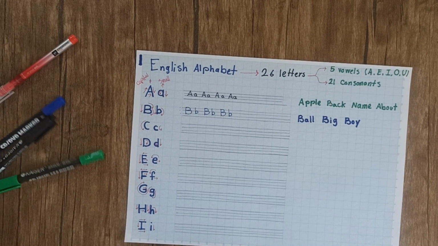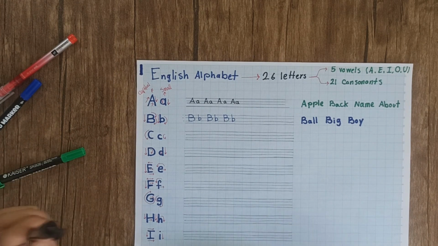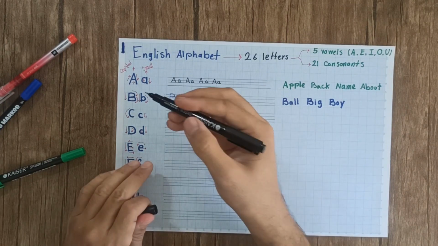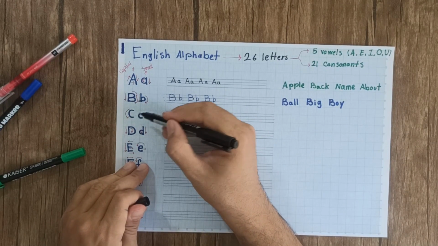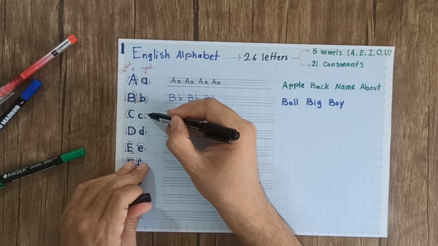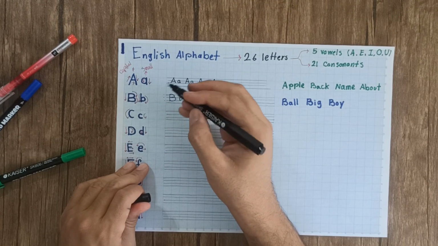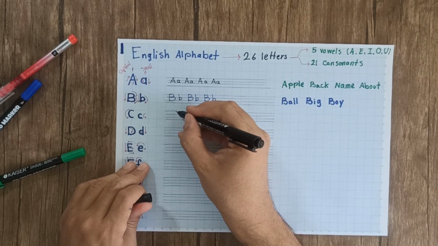Next one is C. Okay, it's a beautiful letter in English. You see, the way that you write this one, it's really easy. Okay, we have C this way, and it requires an arc here, so it's really easy to write it down.